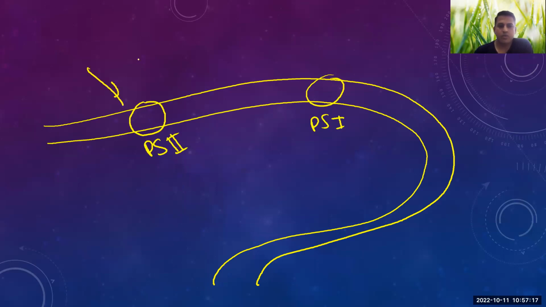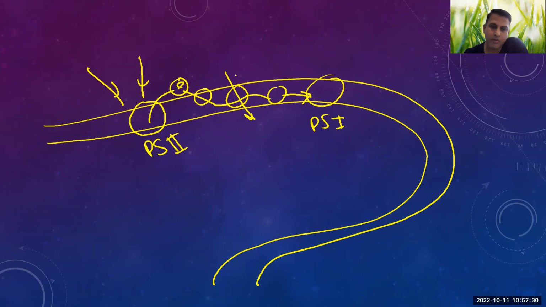When light is absorbed, the electrons are excited, and the electron moves down and comes to the PS1 complex. Hydrogen ions are pumped into the thylakoid, using energy from these electrons.